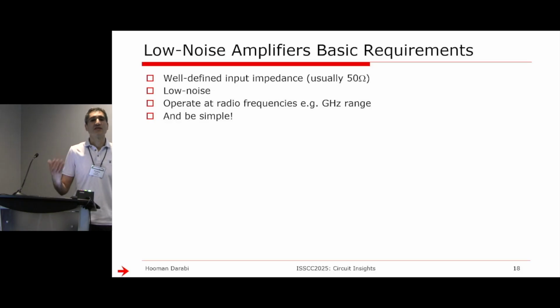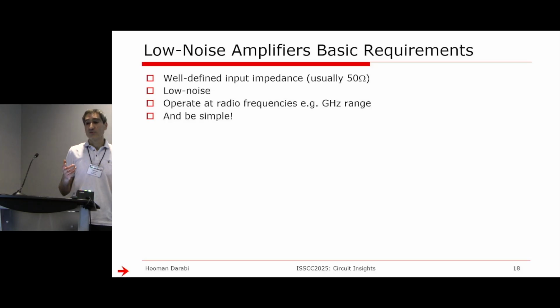It should also be simple. The majority of RF circuits, LNAs, mixers, oscillators that I haven't talked about, are all consisting of one or two simple transistors. Simplicity is important, and you can get more than 2 or 3 RF designers that would agree with me that it's a key part of the radio design.